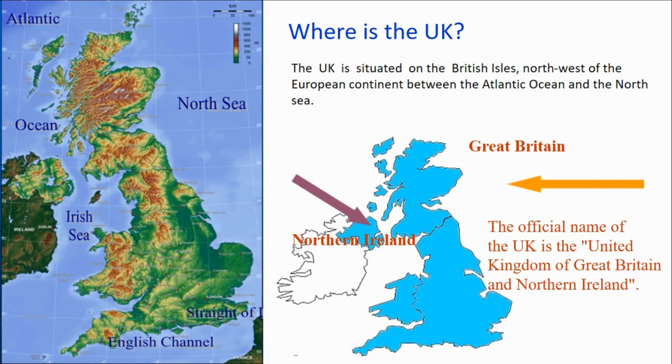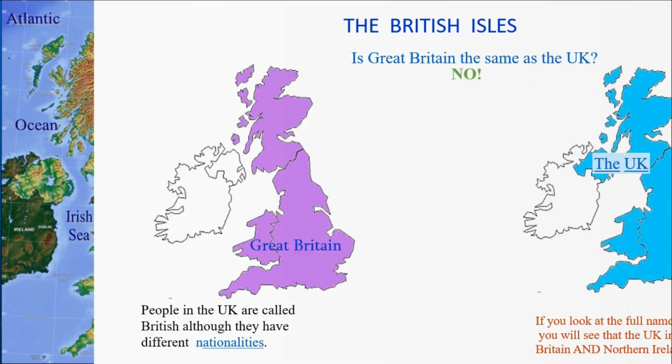The United Kingdom is situated on the British Isles, northwest of the European continent, between the Atlantic Ocean and the North Sea. Look at the map. The official name of the UK, it's not Ukraine. UK is the United Kingdom of Great Britain and Northern Ireland.